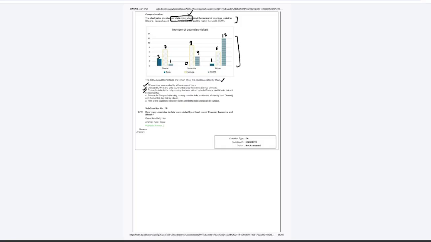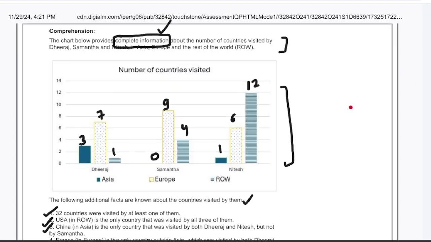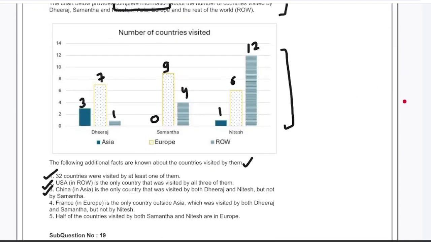The next one. So we are writing every information, we are noting it down. So we should not waste our time and we should start solving the puzzles right away with all the clues in front of us at one place, and that also in numbers, because numbers speak to the brain better. France in Europe is the only country outside Asia which was visited by both Dheeraj and Samantha and not by Nitesh.